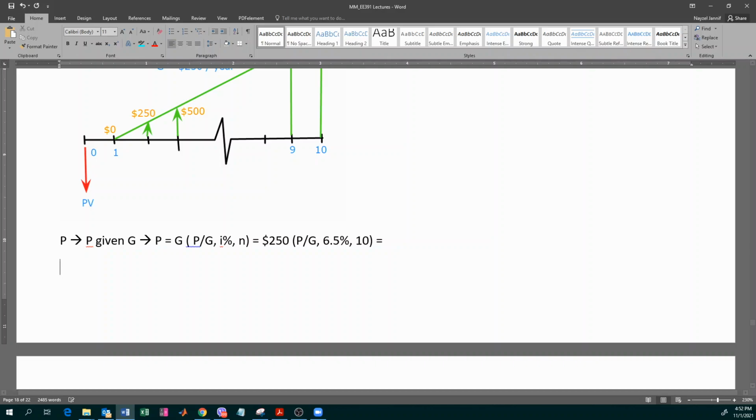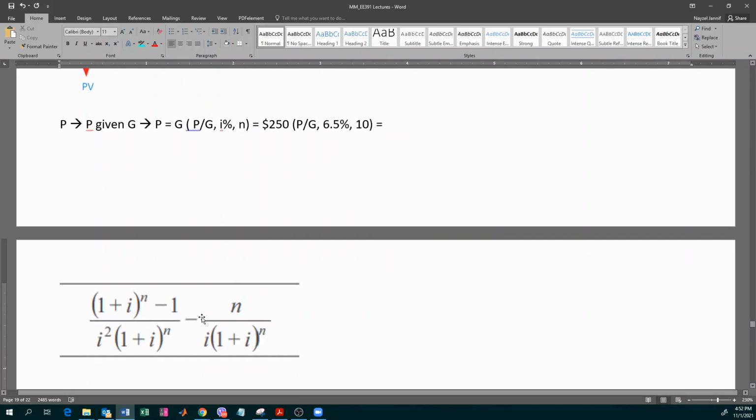What answer do we get? That is the formula.